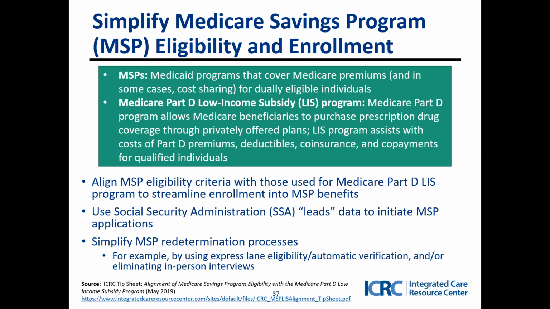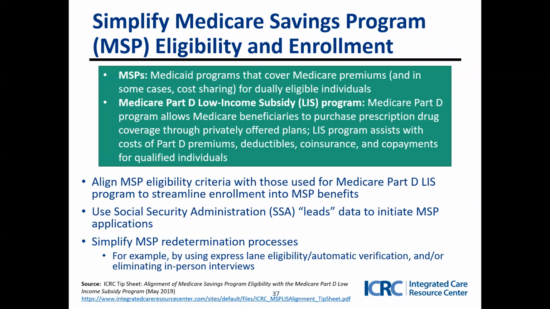Aligning MSP eligibility criteria with those used for the Medicare Part D LIS program can streamline enrollment into MSP benefits because it enables states to maximize use of Social Security Administration LIS leads data to initiate MSP applications.